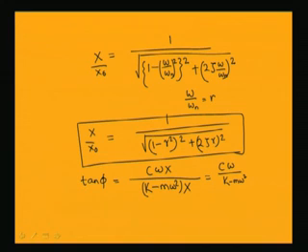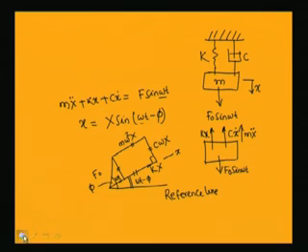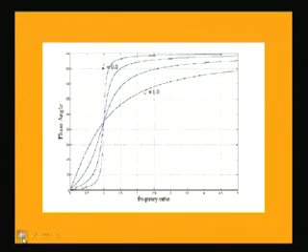So, when zeta equals 0, X by x0 tends to infinity when r equals 1. When r equals 1, if you substitute in this equation, 1 minus r square will be equal to 0, so X by x0 tends to infinity. We can plot this magnification factor versus omega by omega n, and you can see this curve.